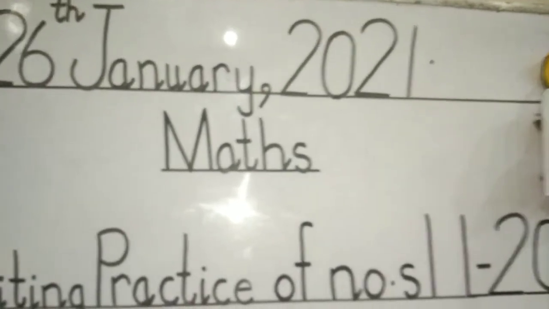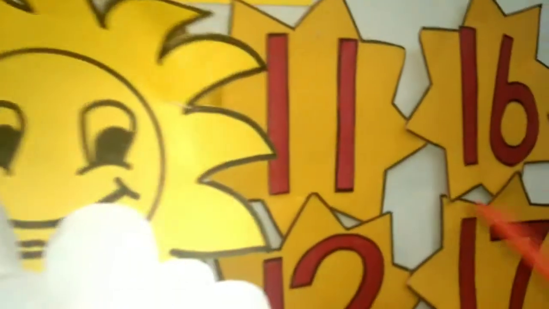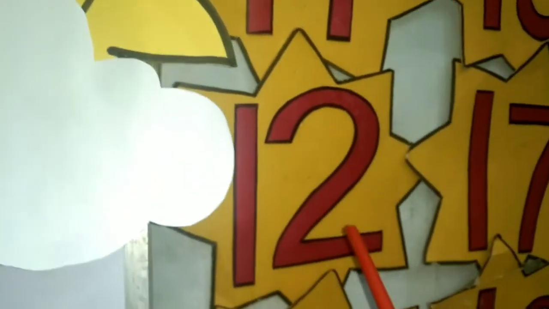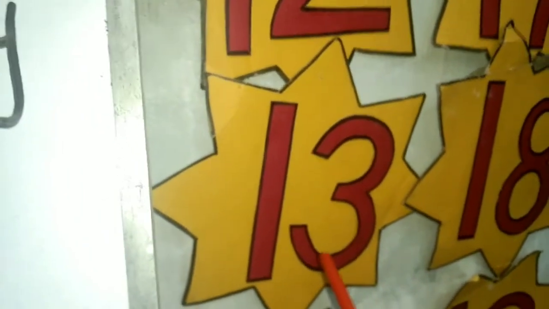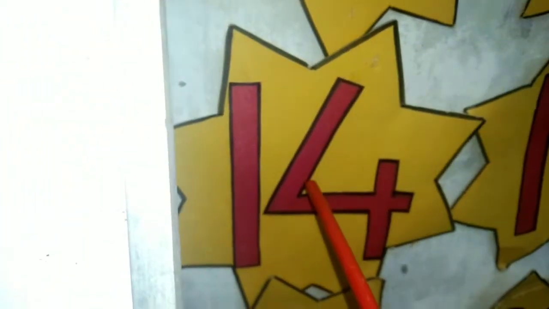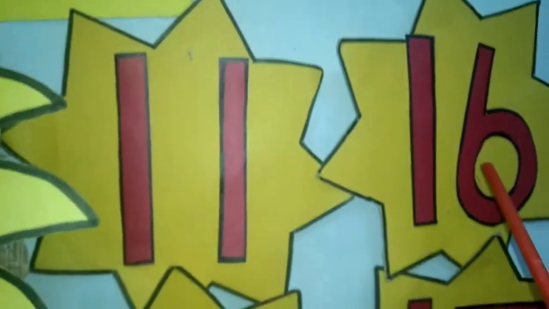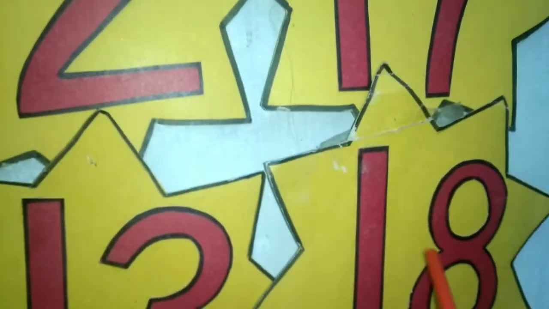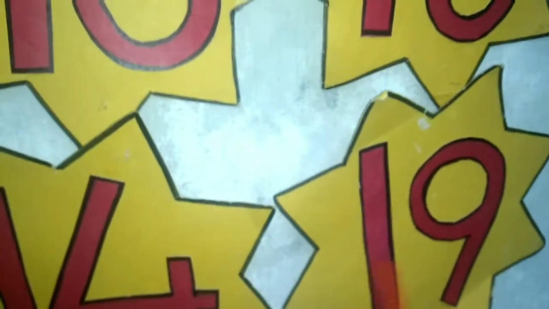Okay, let's start our day with numbers. 1 and 1, 11, 1 and 2, 12, 1 and 3, 13, 1 and 4, 14, 1 and 5, 15, 1 and 6, 16, 1 and 7, 17, 1 and 8, 18, 1 and 9, 19, 2 and 0, 20.